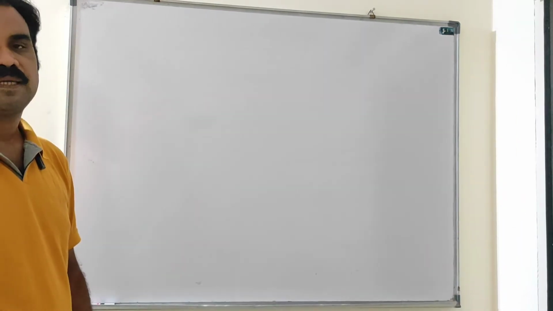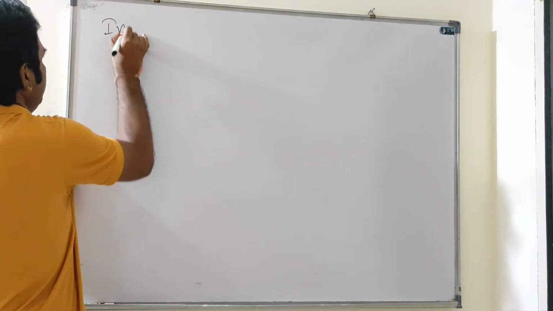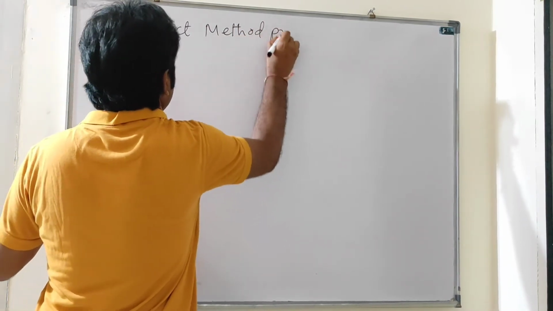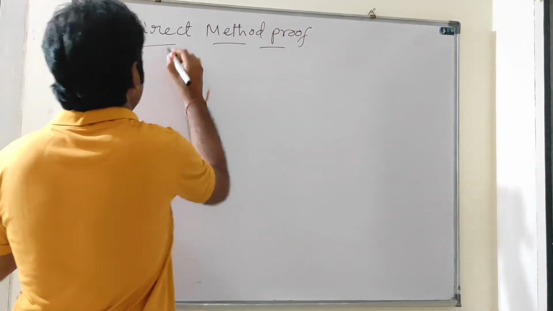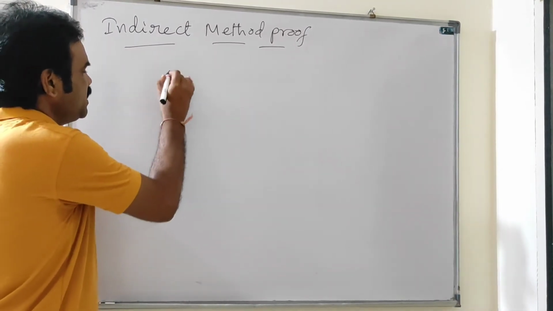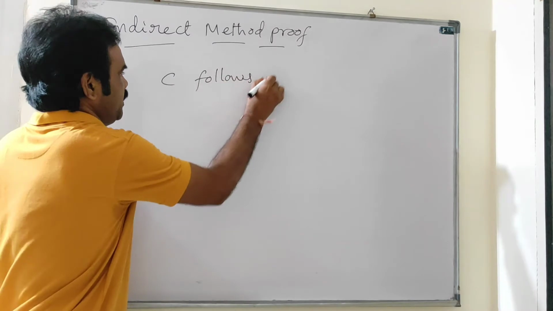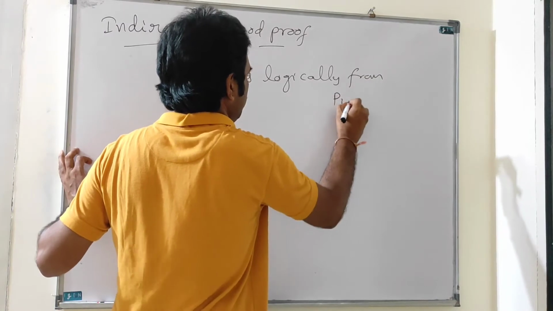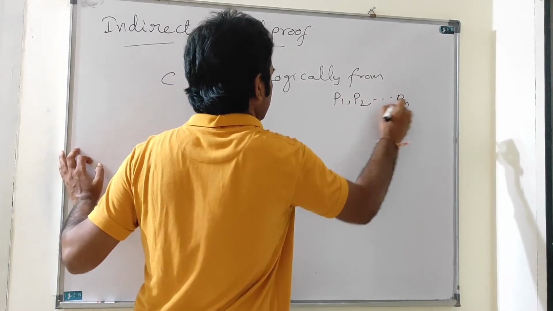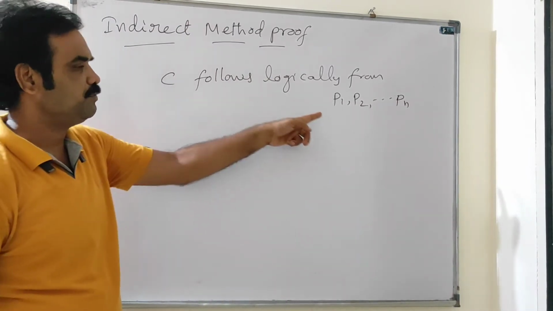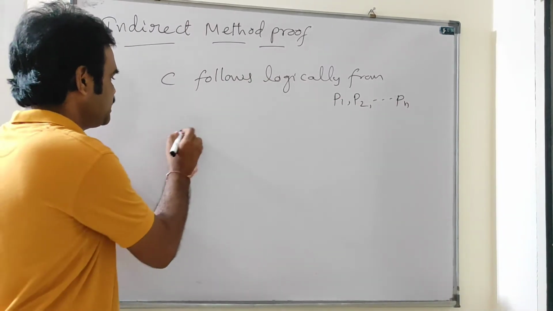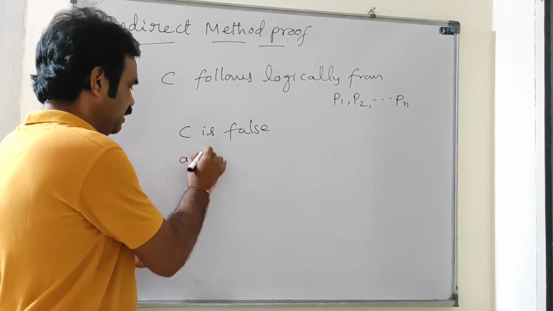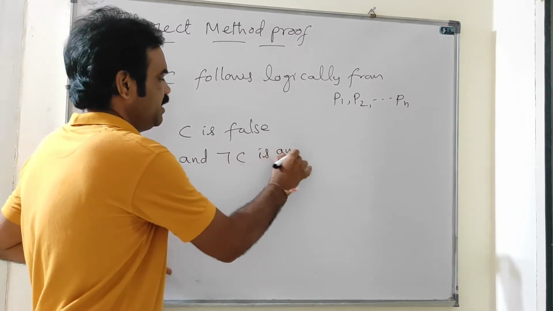Okay. Next, indirect method of proof. In this method, to show that a conclusion C follows logically from the premises P1, P2 and so on, Pn, we assume that C is false and take negation C as an additional premise.